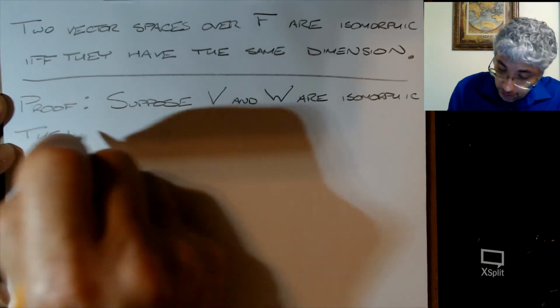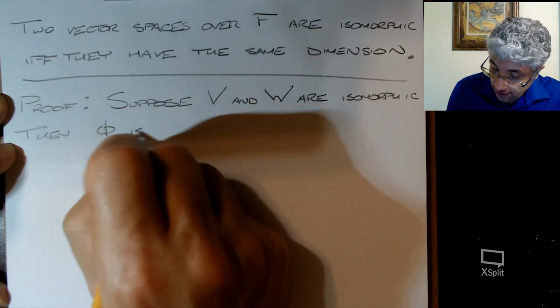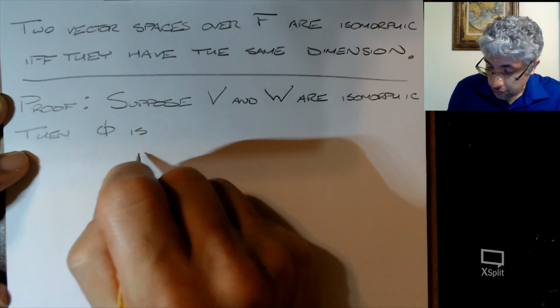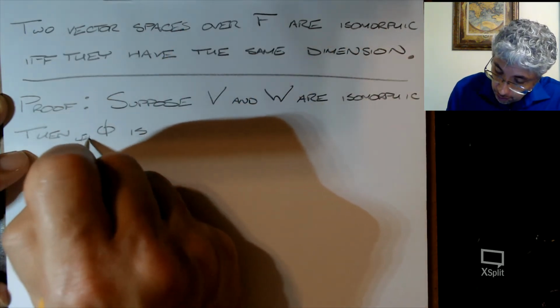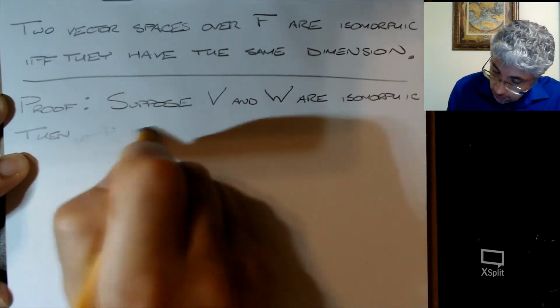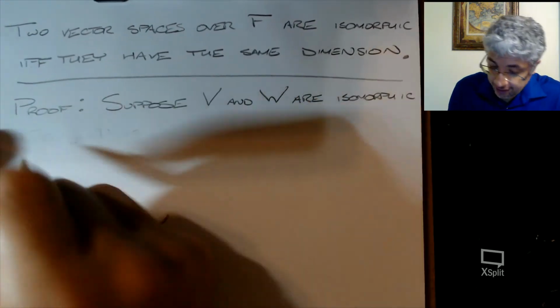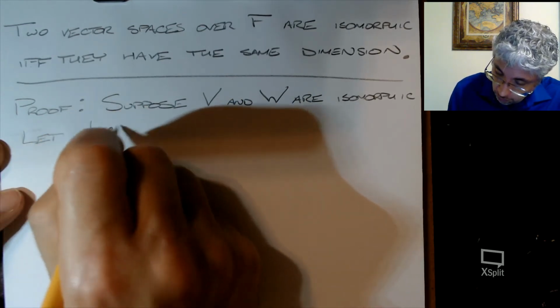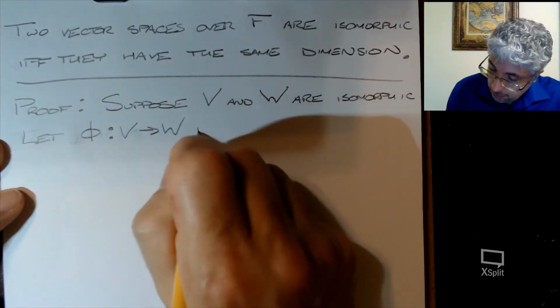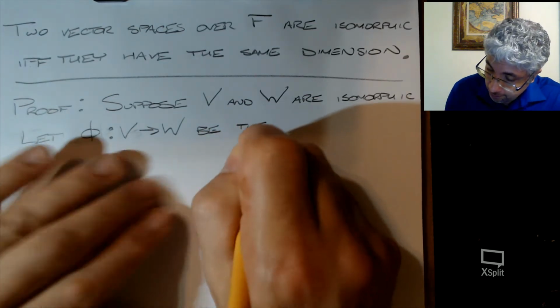Let phi from V to W be the isomorphism between them.